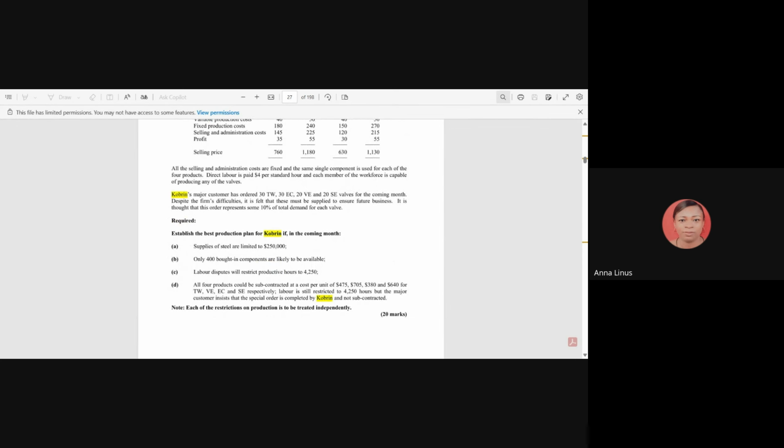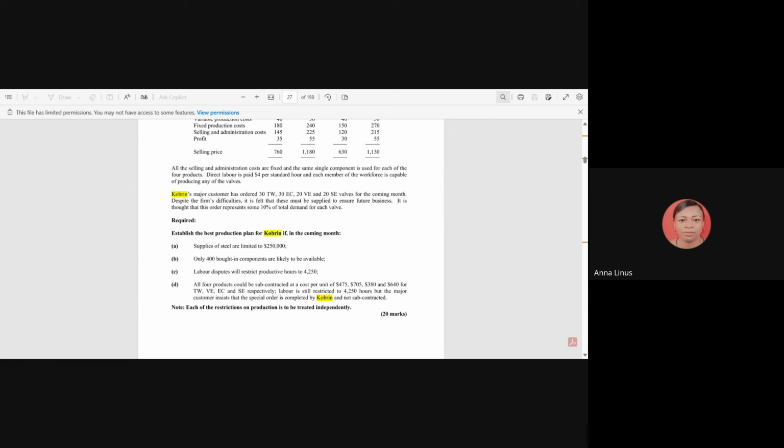A. Supplies of steel are limited to $250,000. B. Only 400 bought-in components are likely to be available. C. Labor disputes will restrict productive hours to 4,250. D. All four products could be subcontracted at a cost per unit of $475, $705, $308 and $640 for TW, VE, EC, and SE respectively.